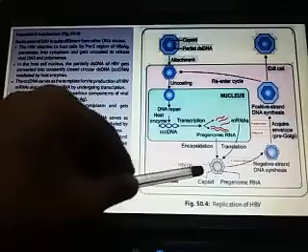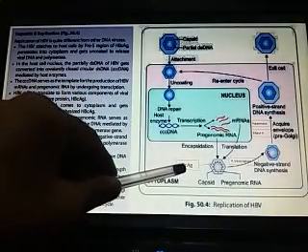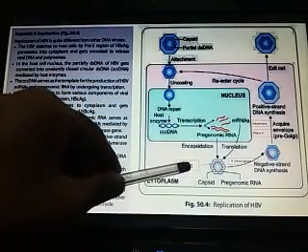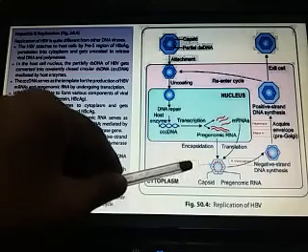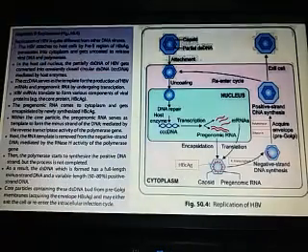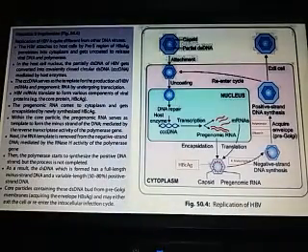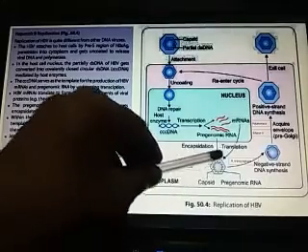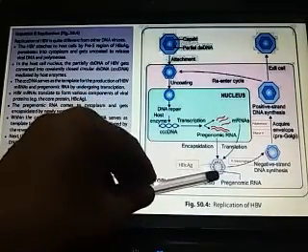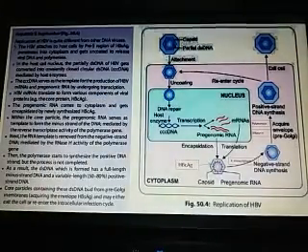Actually, this capsid is the hepatitis B core antigen. I have explained this core antigen and pre-core antigen in the earlier class. So this is the core particle containing pre-genomic RNA.